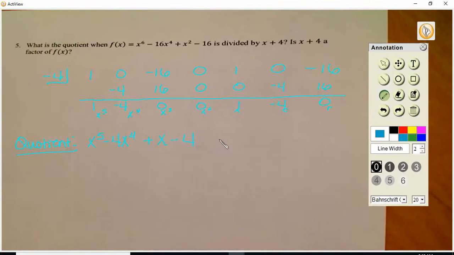If it was something else, if it were like a 10, you would do plus 10 over what you were dividing by. So then the other question I asked, is this a factor? What does it mean to be a factor? Right. Divides evenly, the remainder is 0. So this one is in fact a factor. Okay. Any questions there?